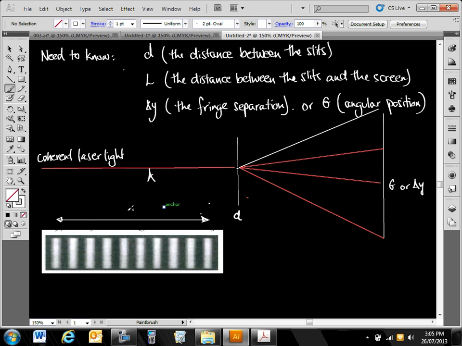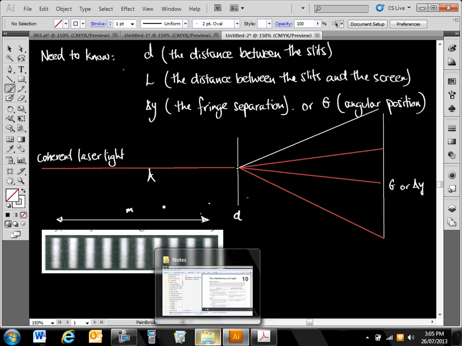I could measure from there to there, and say that's 1, 2, 3, 4, 5, 6, 7, 8, 9, divided by 9. I get the fringe spacing more accurately.